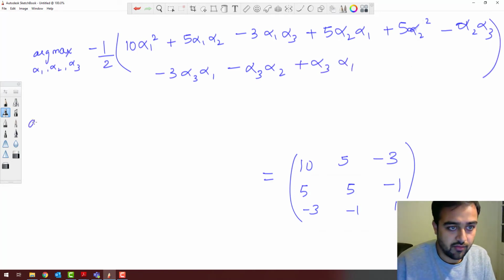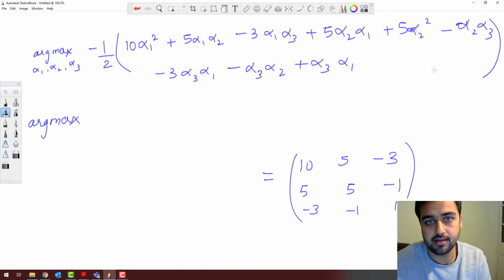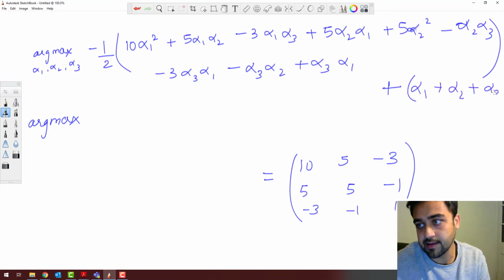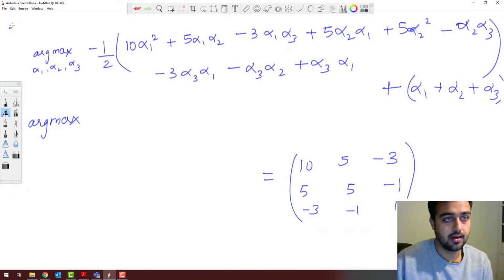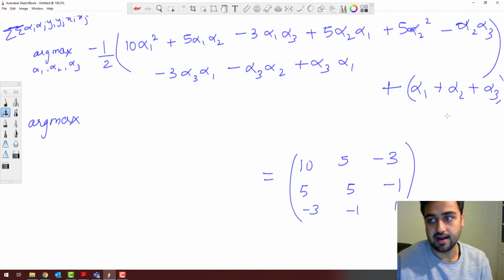Adding all of these together, we are left with, oh, I forgot, this is the first term plus sigma of alpha i. So that would be alpha 1 plus alpha 2 plus alpha 3, right? Because this was double sigma of alpha i, alpha j, yi, yj, xi, xj, and this is sigma of alpha i.